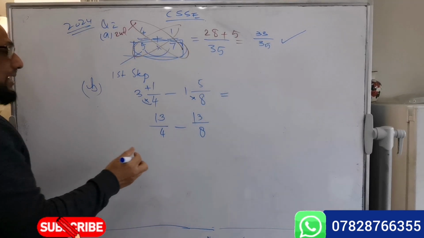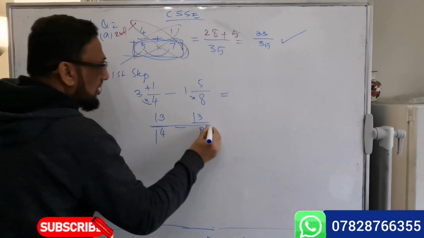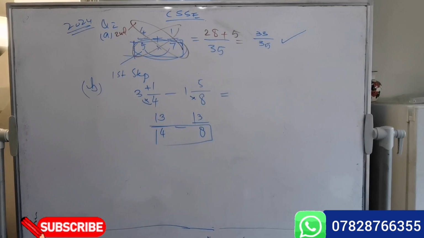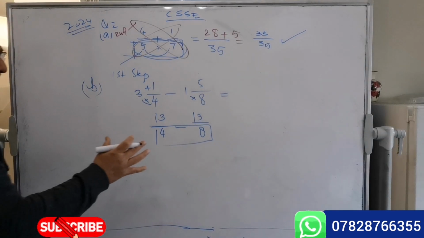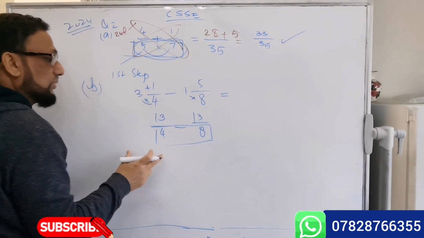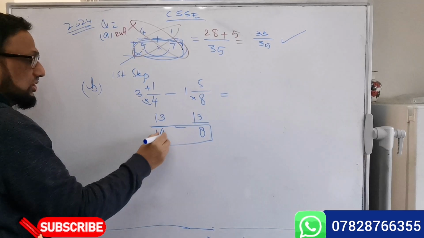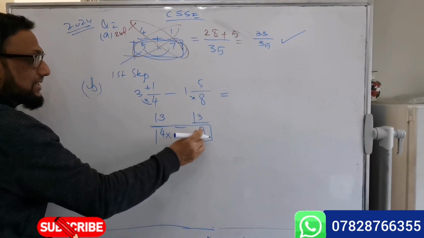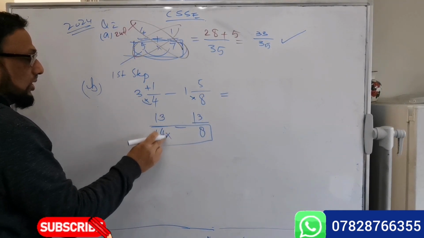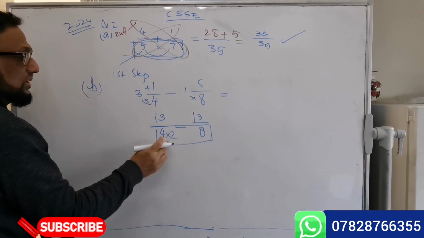Now look at this again. The denominators are common multiples. If they are common multiples, the rule says you need to make this one into 8. What number do we multiply by? 4 times 2 is 8.